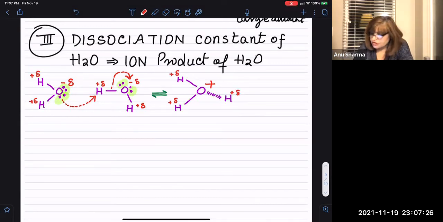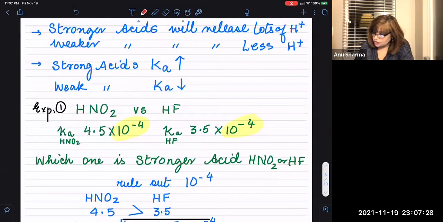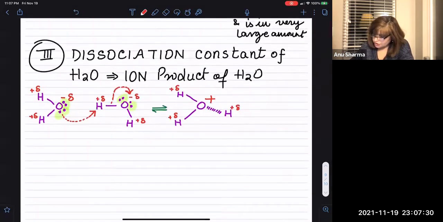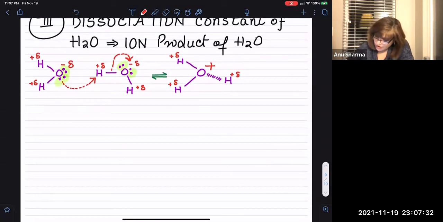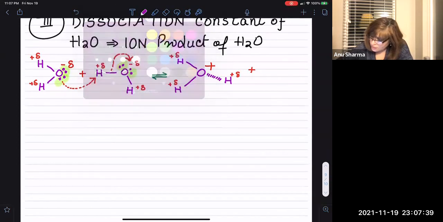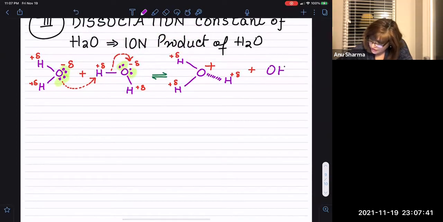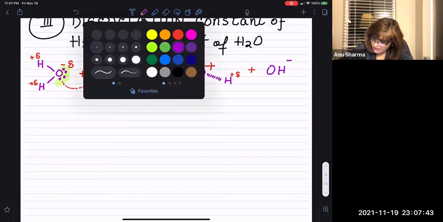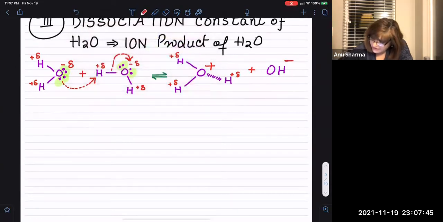But the other oxygen, because it gave the lone pair to the neighboring hydrogen, has released that OH ion, so now we have OH with a negative charge on it.